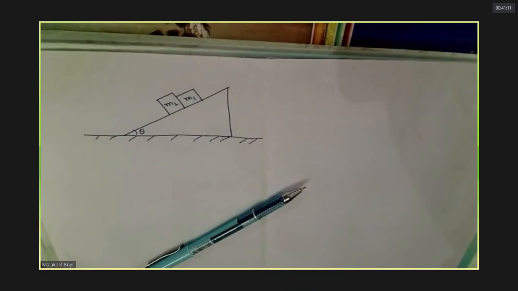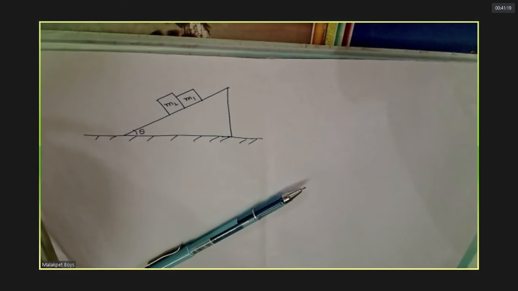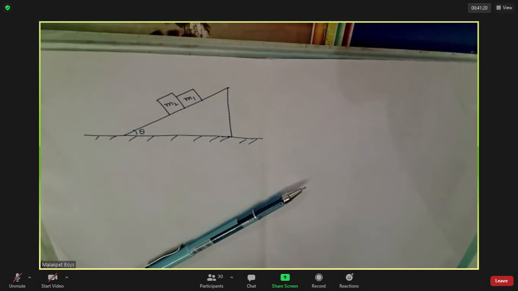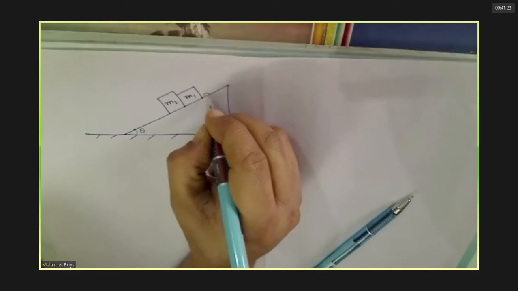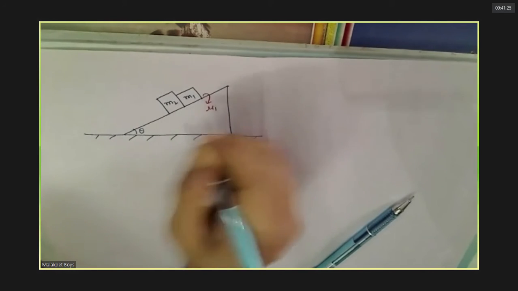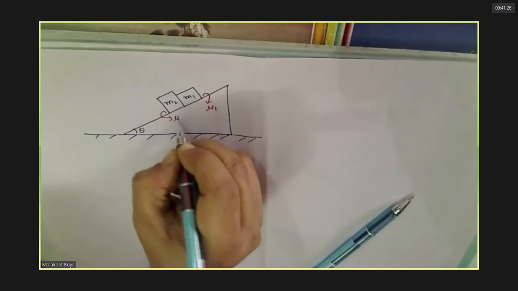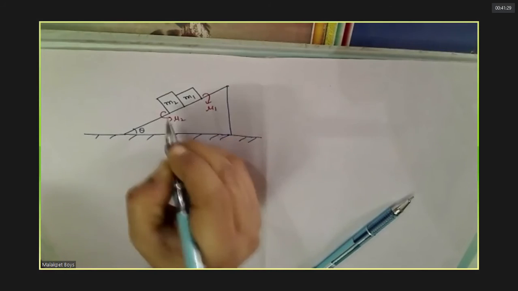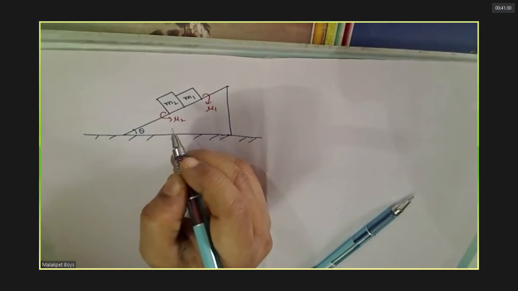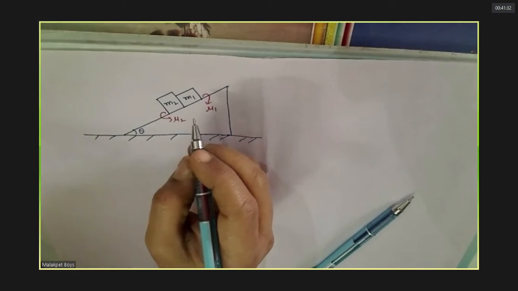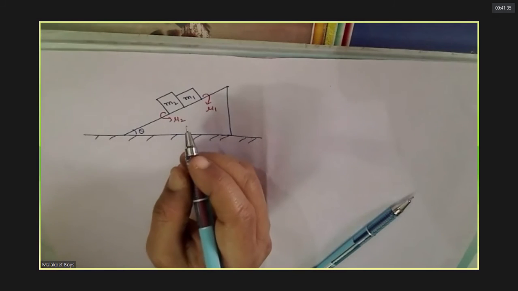Okay. See, this is between M1 and this is mu1, M2 and this is mu2. Follow this? No, tight.